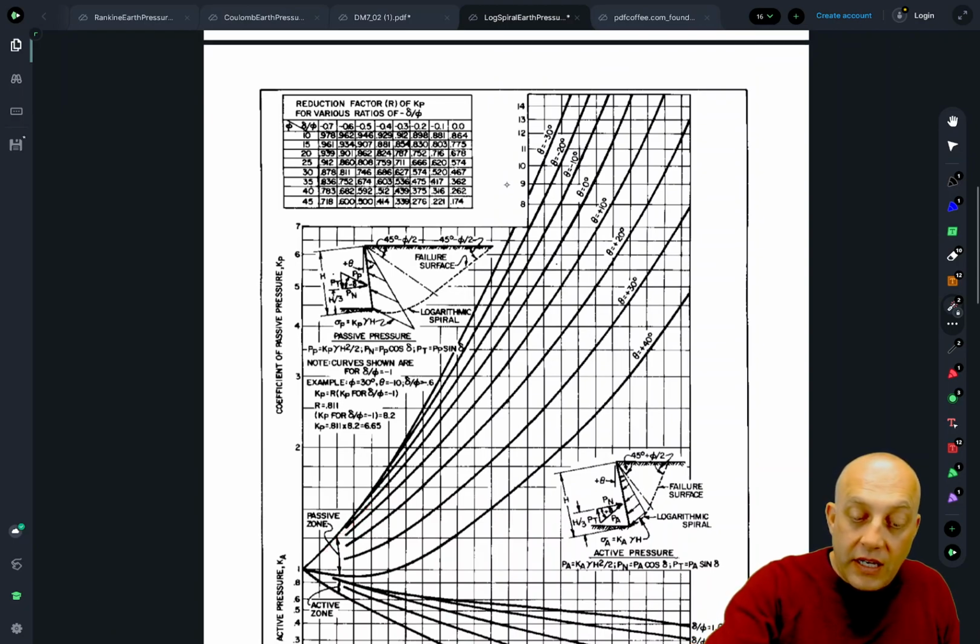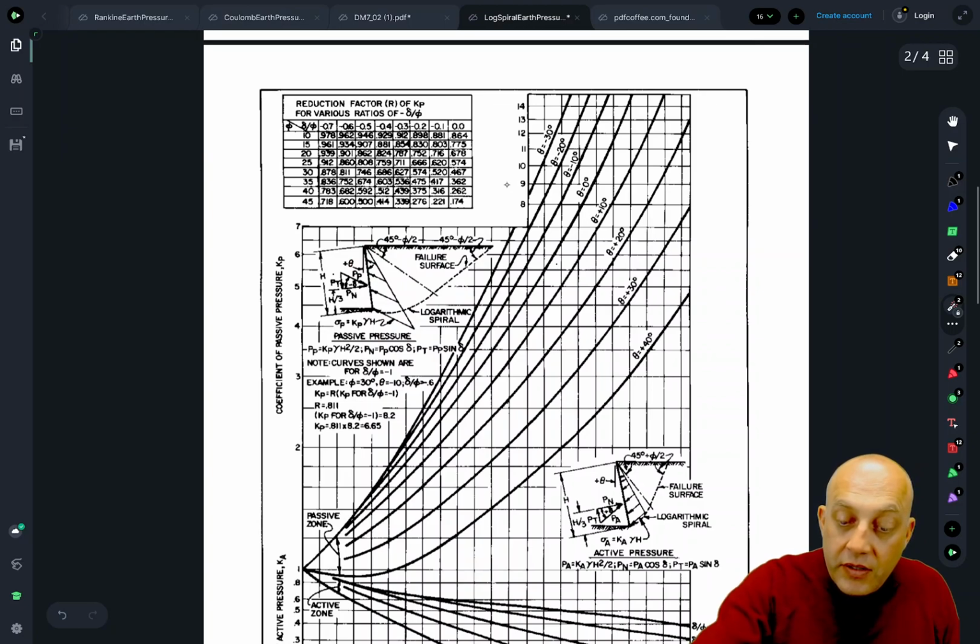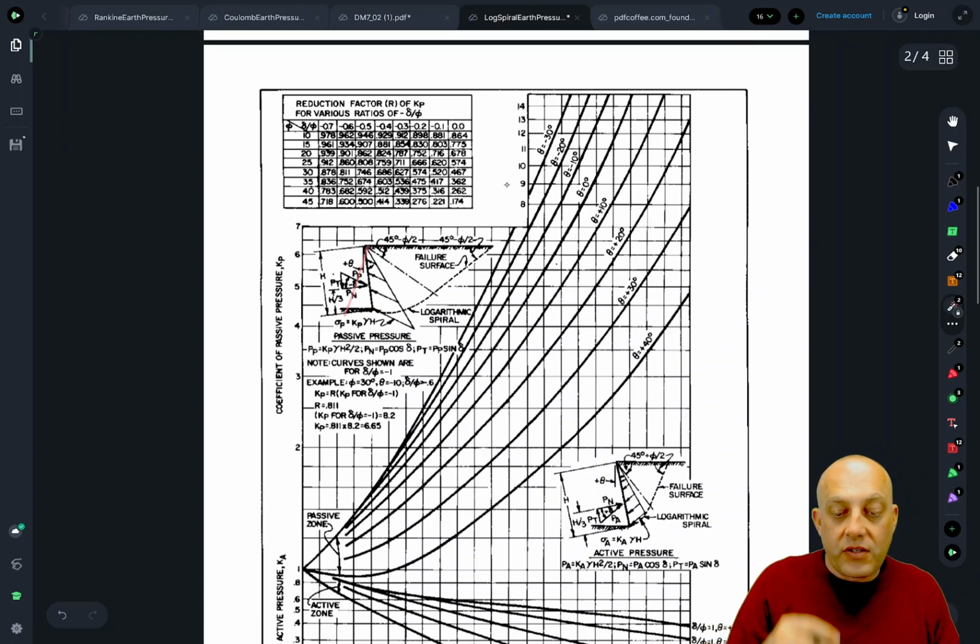Note the sign convention here, a positive angle up here, like let's see, plus 10 degrees, plus 20, plus 30, and so forth would be if the wall is sloping that way. You might have negative angles too, where the wall's sloping the other direction as you push into the soil. Most commonly, you're going to have positive angles or 0 angle.